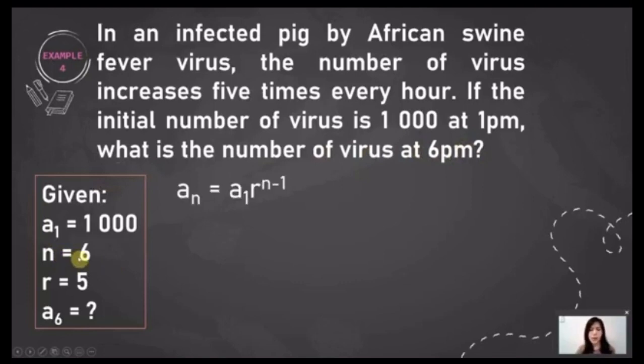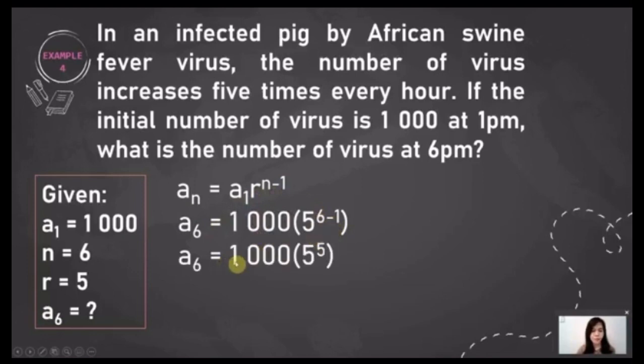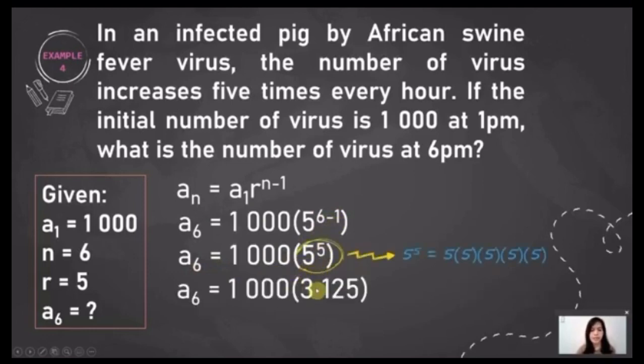Alright? Now using our formula for geometric sequence, we have this one. Substitute our given. That will become a sub 6 is equal to a sub 1, 1000, r is 5, n is 6 minus 1. Then a sub 6 is equal to 1000, 6 minus 1 is 5. Then 5 raised to 5 is 3125.